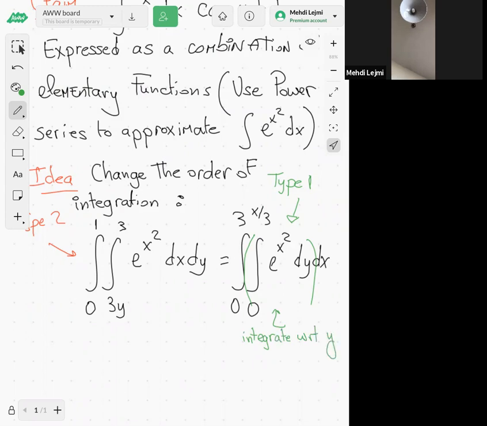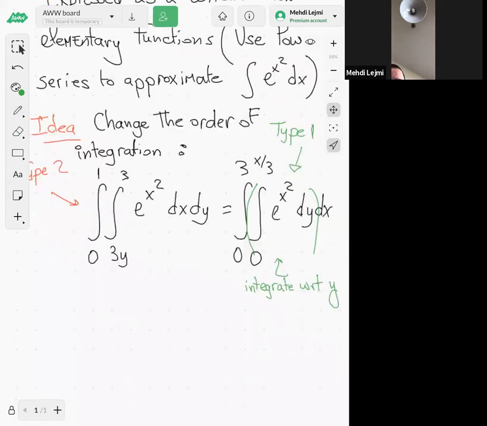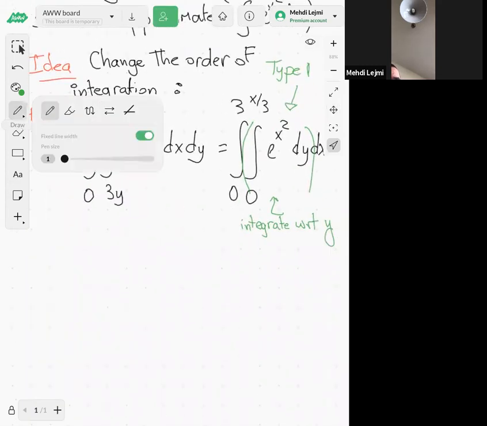If you integrate with respect to y, you kind of solve your problem, because e to the x squared would be just a constant, right? So it's just like integrating a constant. You integrate a constant with respect to y, and that will be equal to the constant times y.